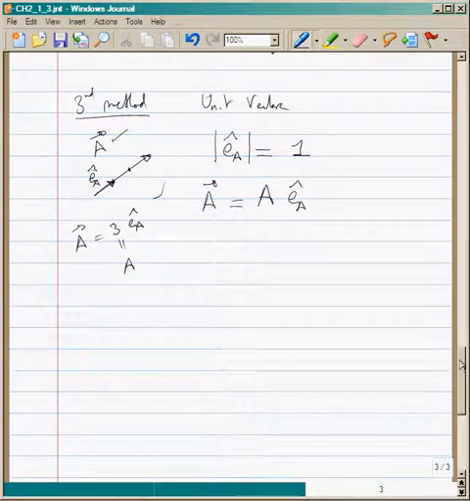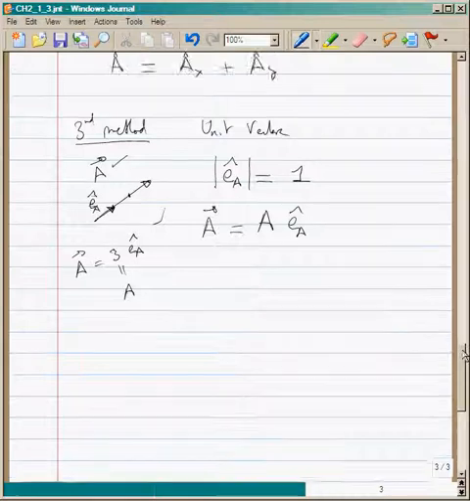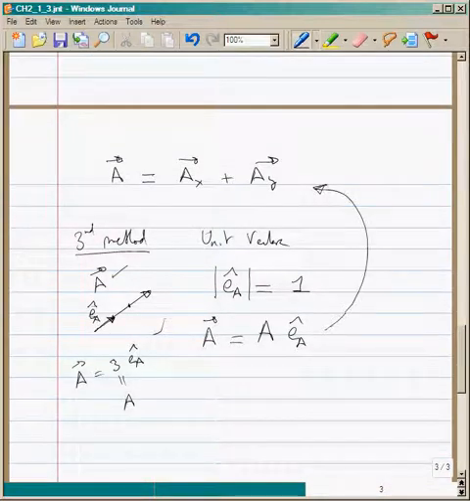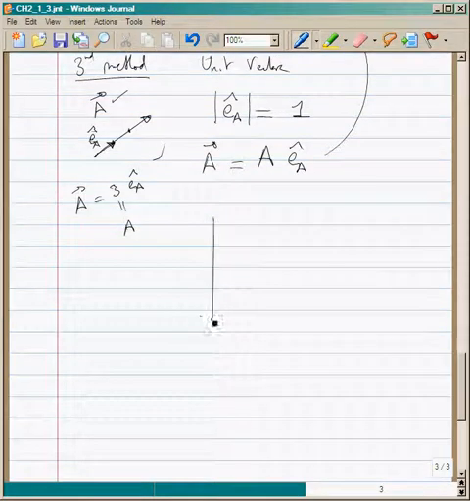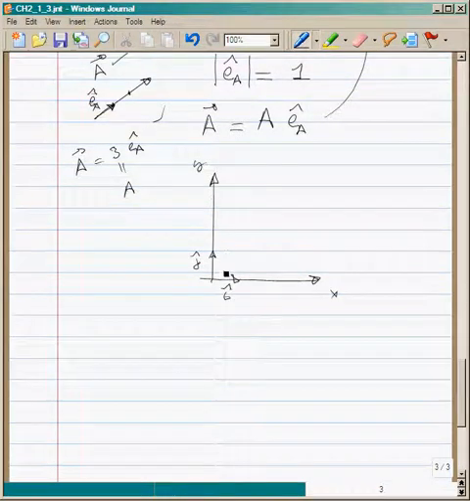Now we can use this definition and go back to our component notation and rewrite both components AX and AY in this form. The convention, when you pick a coordinate system x and y, is to use i for the unit vector in the x direction and j as the unit vector in the y direction. Therefore, when you want to express your vector A and you project it on both axes, this is vector AX, this is vector AY.